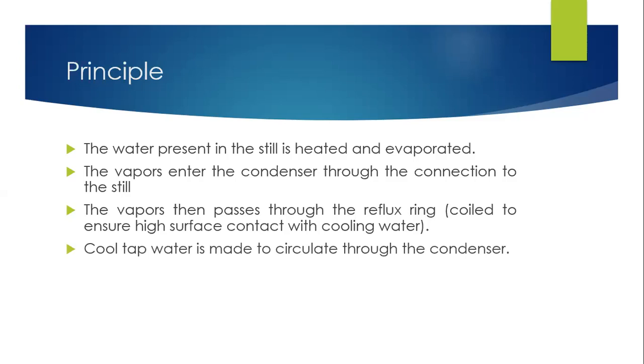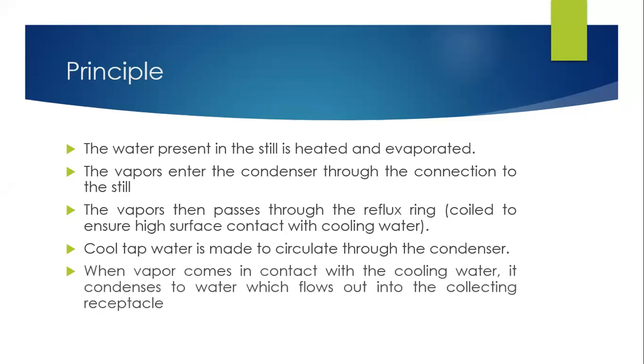Cool tap water circulating through the condenser will condense the water vapors passing through and convert them into water, which will flow out into the collecting container. This collecting container collects water that is pure and free of impurities.